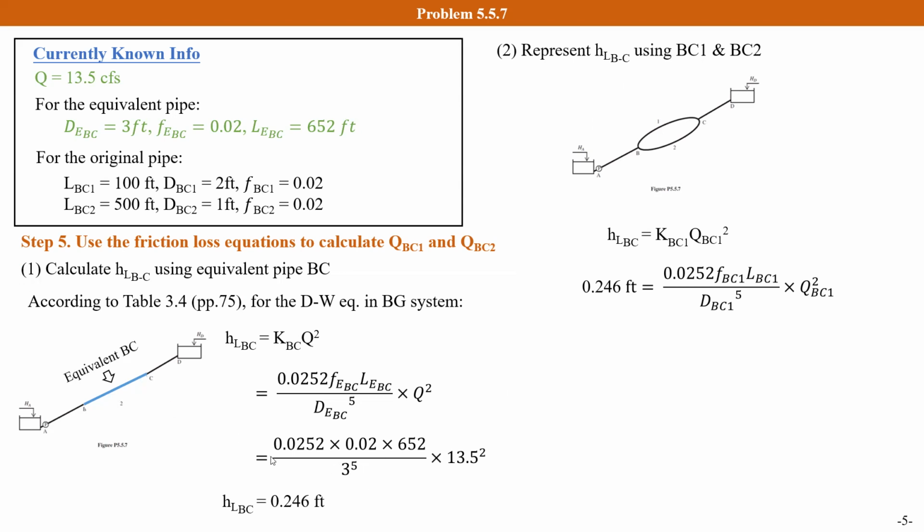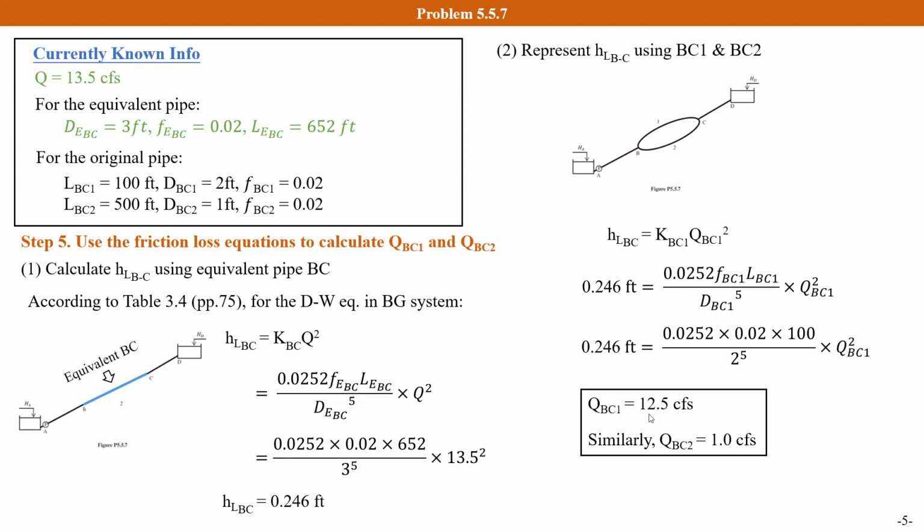Because in the previous step we already know the head loss between B and C, we can bring the value 0.246 feet into this equation. Therefore, we can calculate the flow rate in BC1. It equals 20.5 cubic feet per second. Following the same procedure for BC2, it equals 1 cubic feet per second.